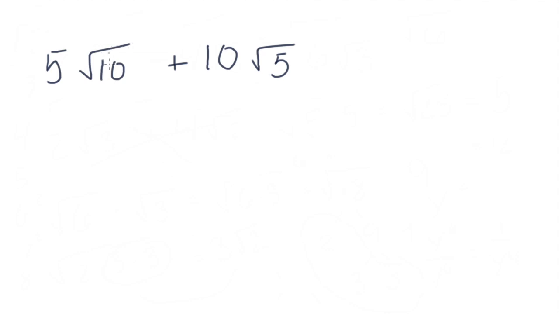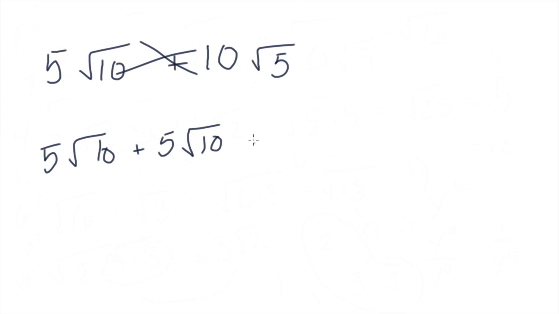No, I cannot, because what I have inside of the roots is 2 different numbers, so I can't add these together. What about 5 square root of 10 plus 5 times the square root of 10? These two I can add together because they have the same thing inside the root. So that would be 10 square root of 10.